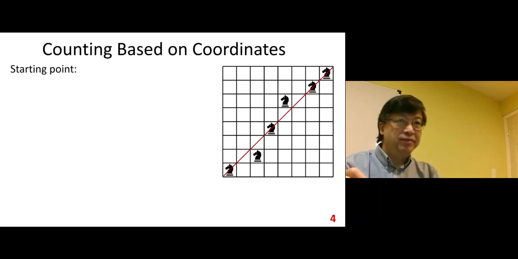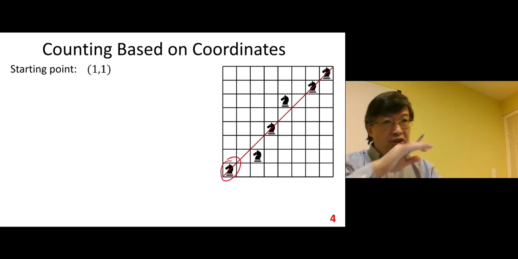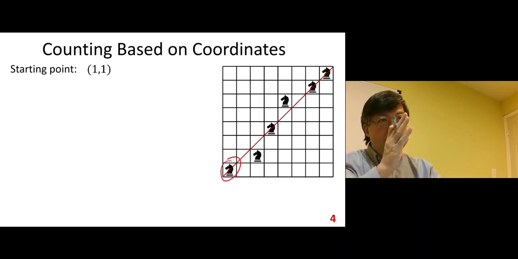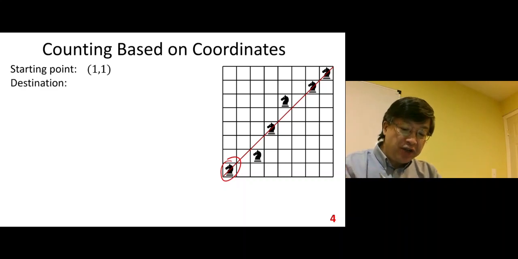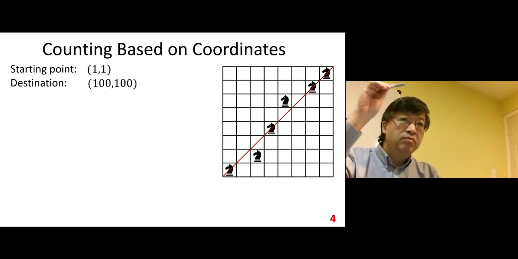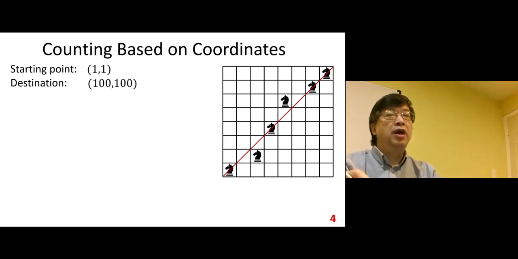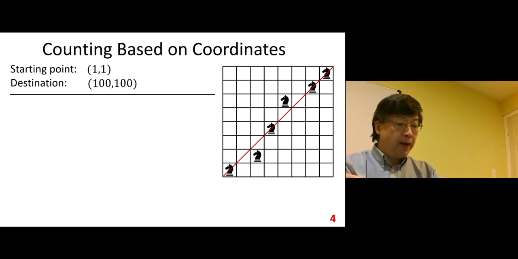So starting point: when we start, there is a coordinate, this location, the first row, first column. So let us use the coordinate 1, 1. Second, the destination. Remember that 100 by 100 board, the destination is 100, 100, XY coordinates.